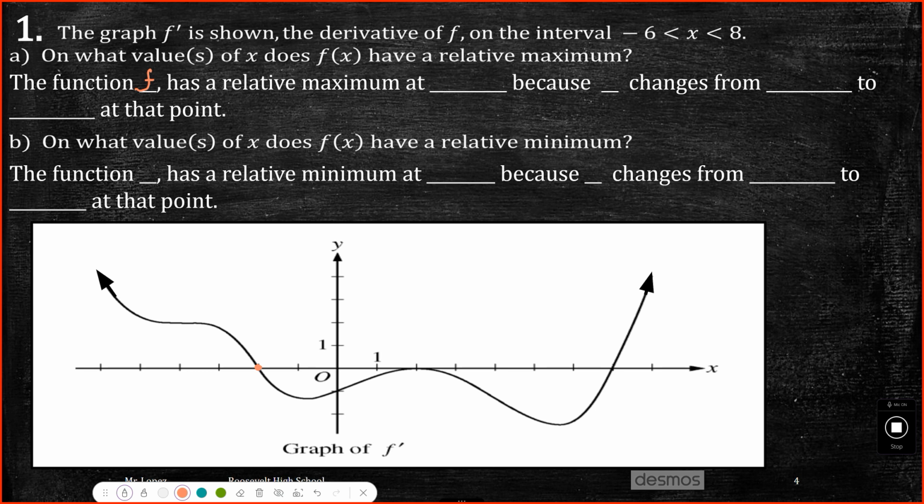Because f prime changes from positive to negative at that point. Or we could have said that f changes from increasing to decreasing. Is that making sense? Because it depends on what you are talking about. Are you talking about f or are you talking about f prime? And if we are talking about f, the function f has a relative maximum at x equal -2.